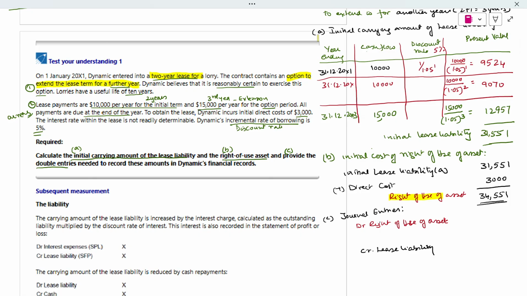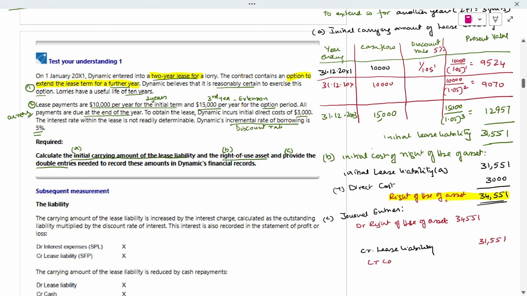Right of use of asset is 34,551. Now, okay, how much is the lease liability? Lease liability is 31,551. Are you clear about this?